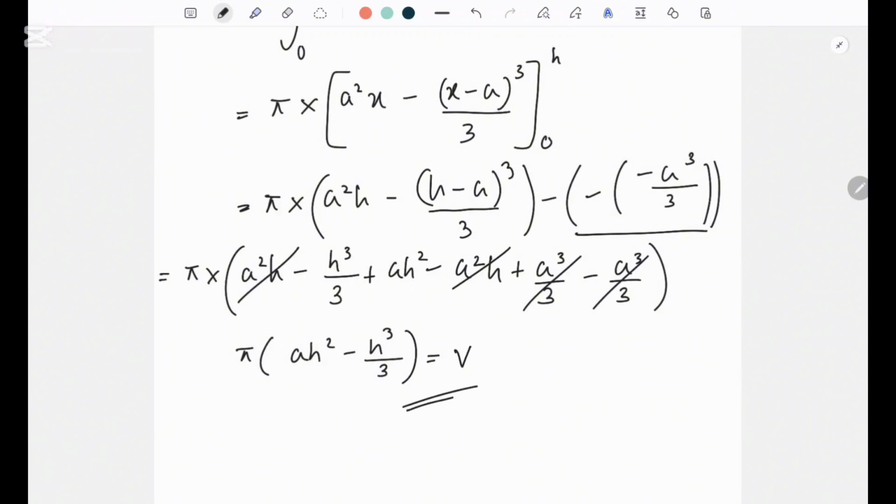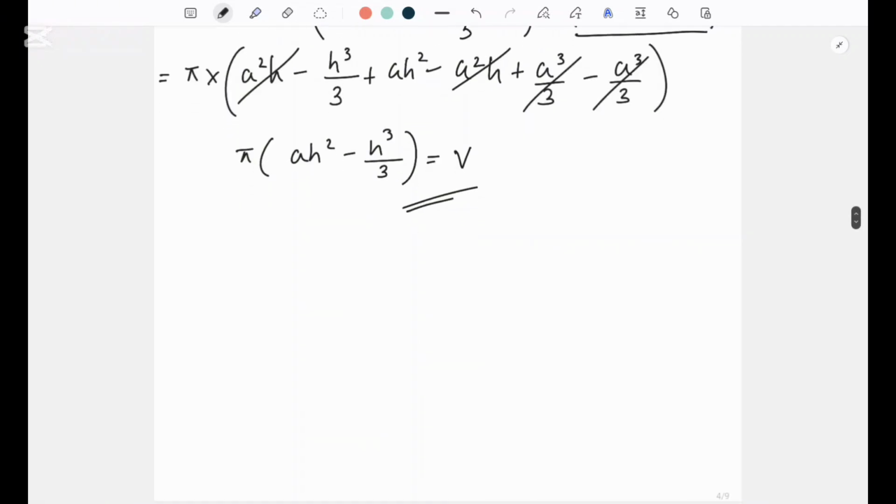Now we know the volume of that shaded region, right? Now let's go for the center of mass. So the formula for center of mass is x bar equals pi over v, integral from 0 to h, x into f(x) squared dx.